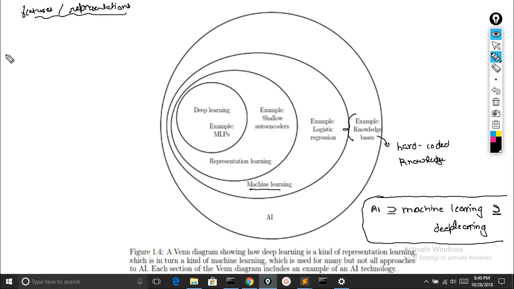Let's see a case where we have three shapes: a square, a circle, and a triangle. Now what we want is to create a classifier. We want our machine to be able to classify these shapes. If we input an image of a triangle, it should return that it's a triangle. So how can we differentiate between these shapes?